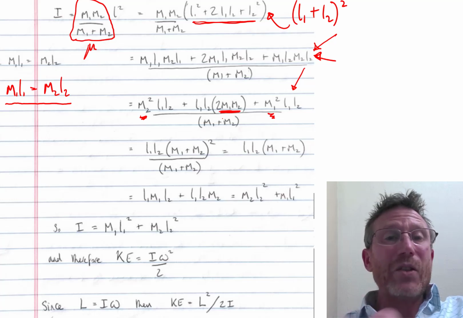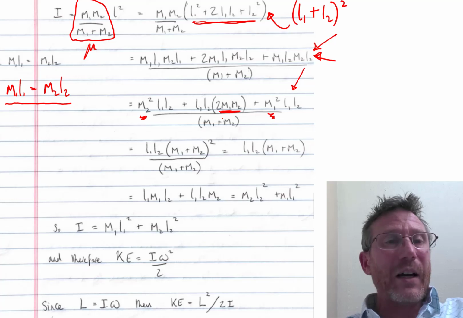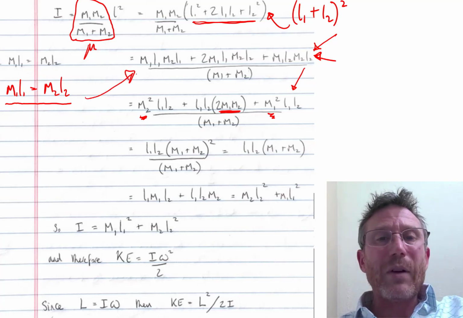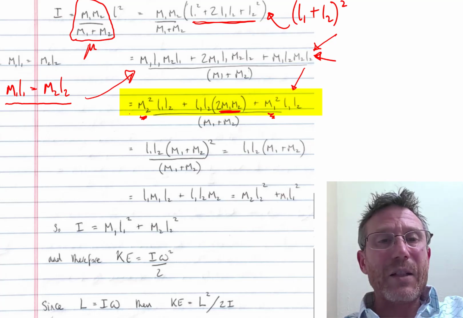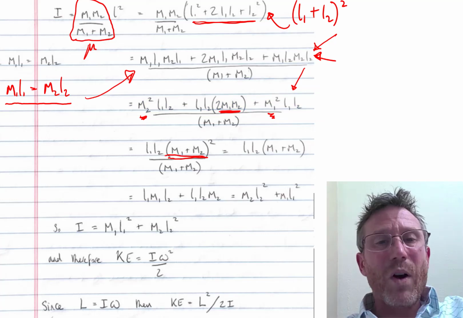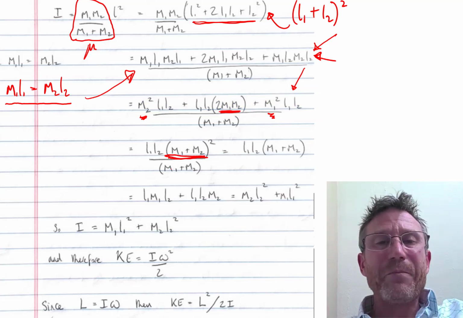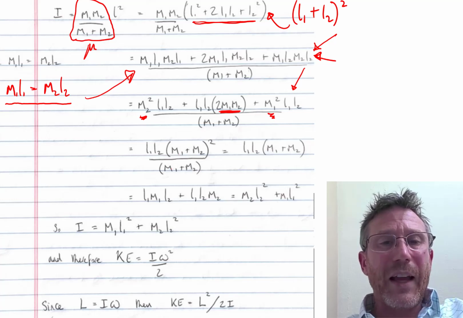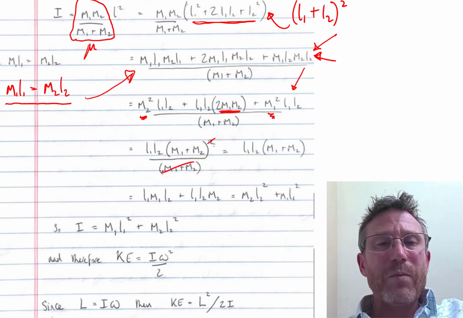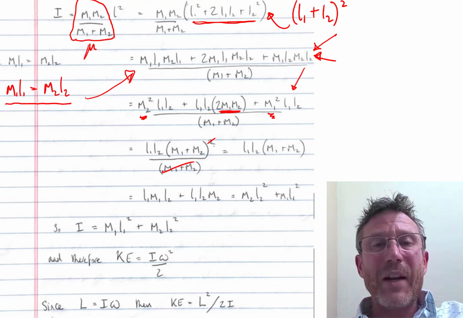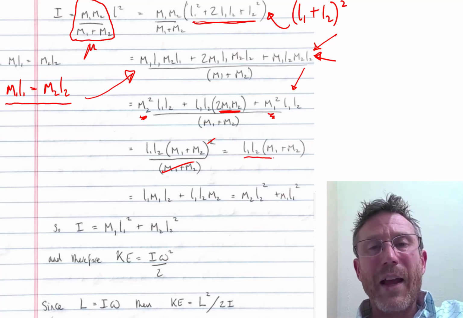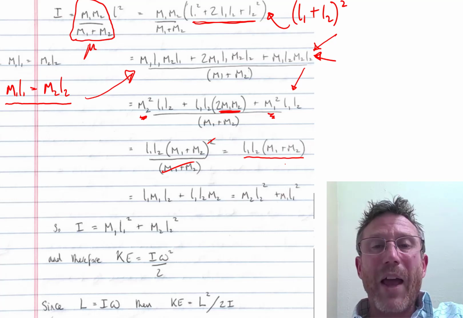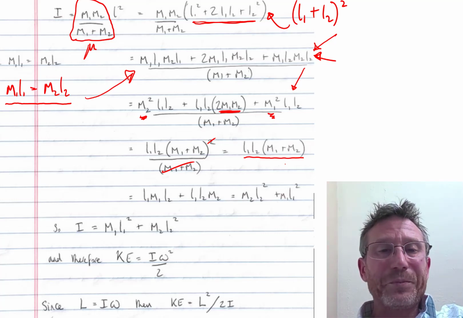I can do that by making this particular substitution, which allows me to effectively write the numerator in this expression down here as an M1 plus M2 squared term. Once I've done that, of course, I can cancel it with the M1 plus M2 in the denominator, leaving me with L1 L2 multiplied by M1 plus M2.